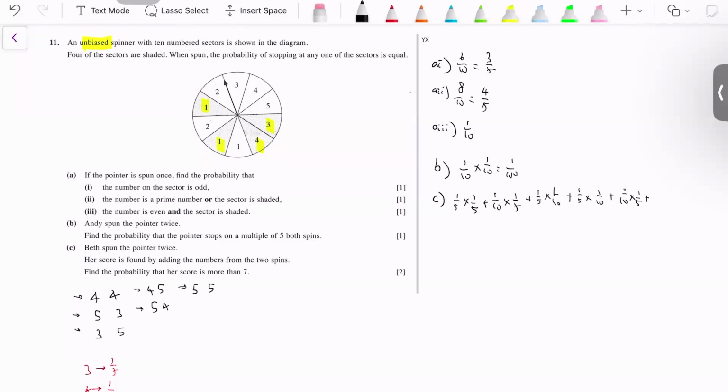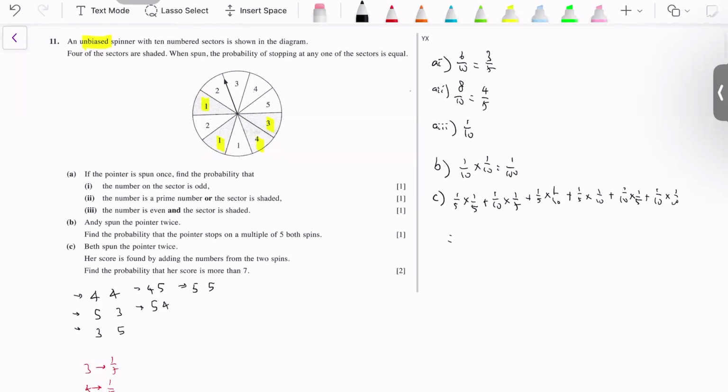Last, 5 twice, so it's 1/10 multiplied by 1/10, which will give us a total of 13/100. So that's our answer for this part C.